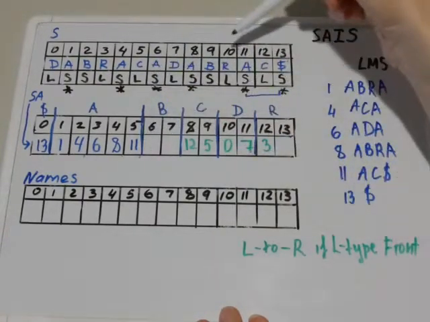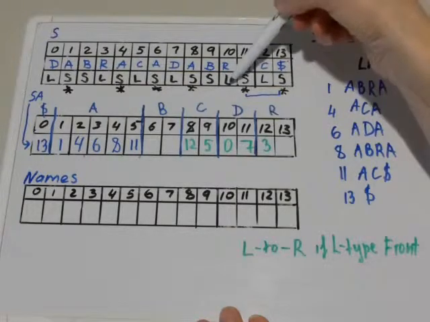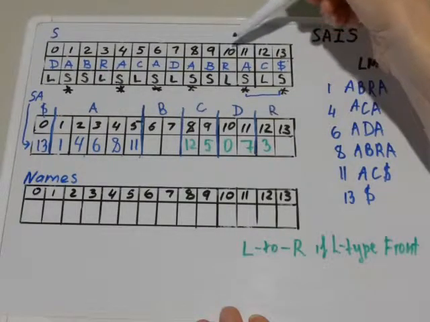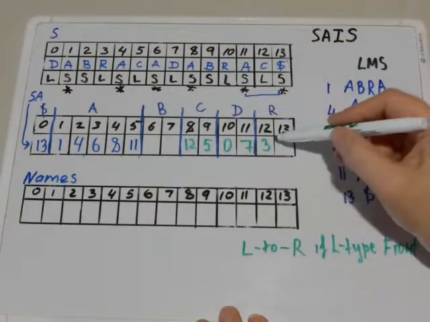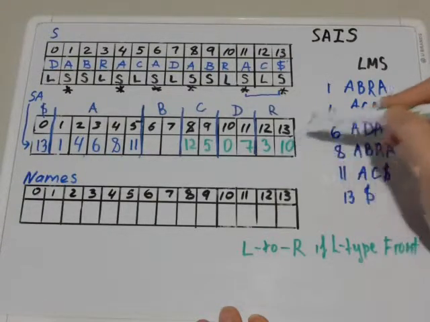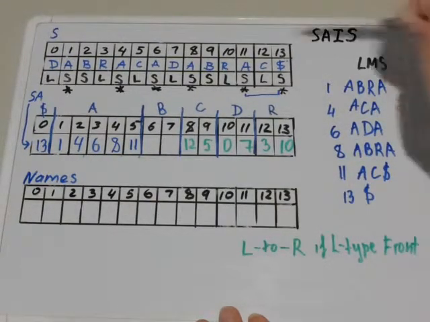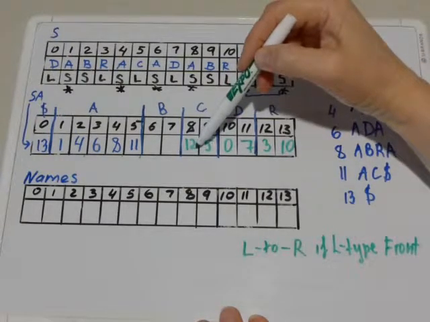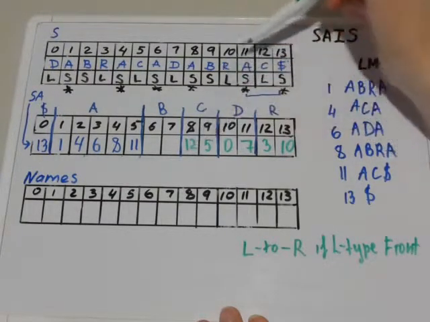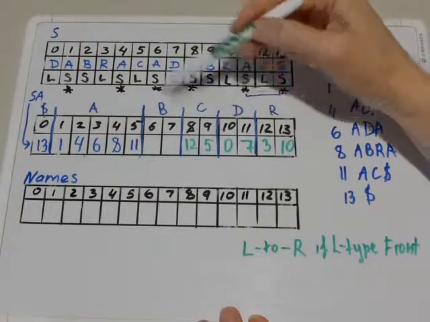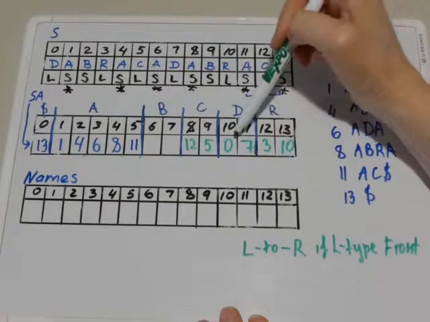11 minus 1 is 10, position 10 is L type, bucket is R. 10 goes in the front of the R bucket. The next front of the R bucket is here, so 10 goes right in here. The next valid position is 12. 12 minus 1 is 11. 11 is S type, we ignore it. 5 minus 1 is 4. 4 is S type, we ignore it.